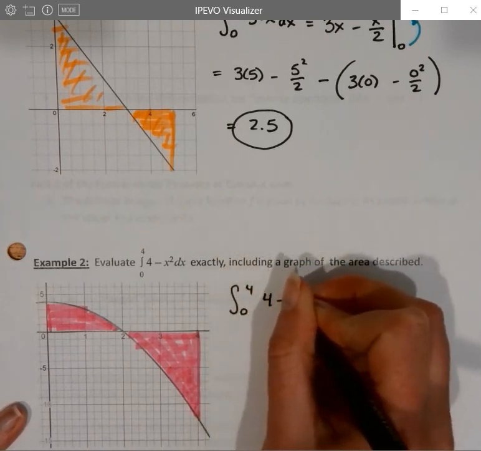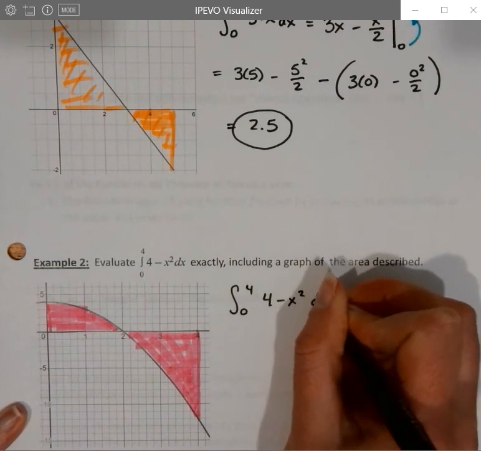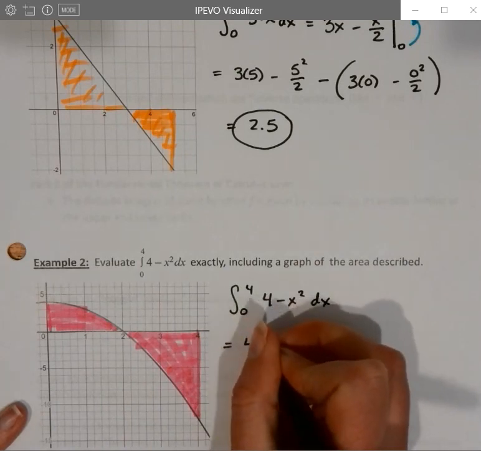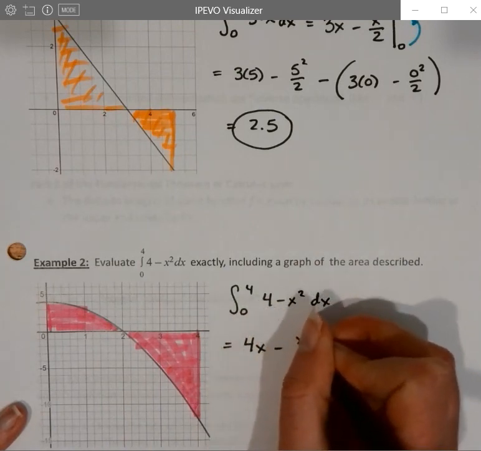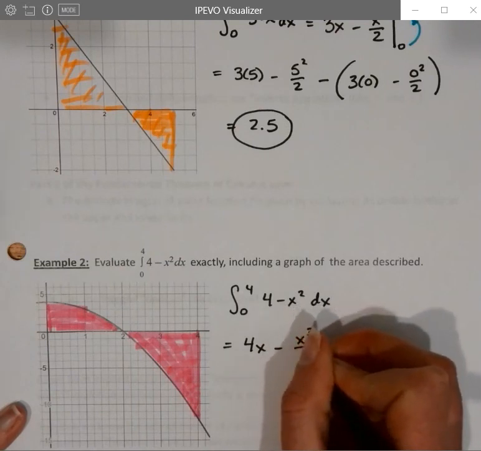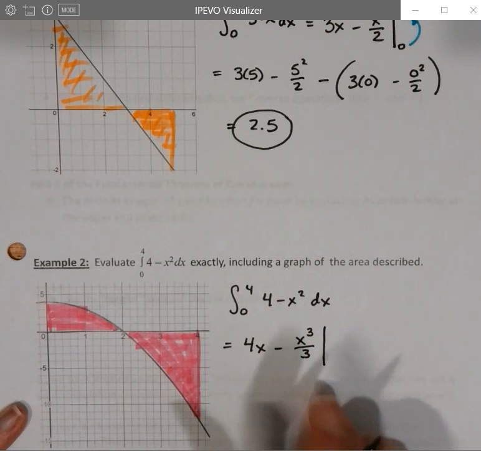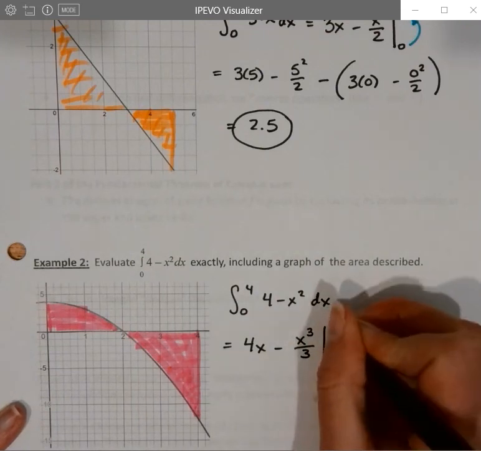Our function is 4 minus x squared dx. The first thing we do is find the indefinite integral, or the antiderivative. The antiderivative is 4x minus x cubed over 3: add 1 to the power, divide by the new power. That bar means evaluate from 0 to 4.